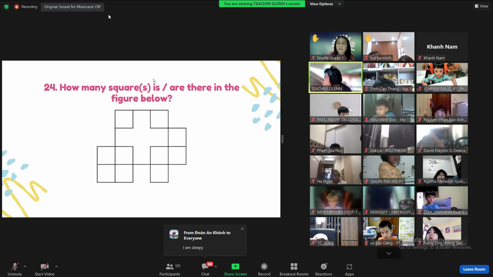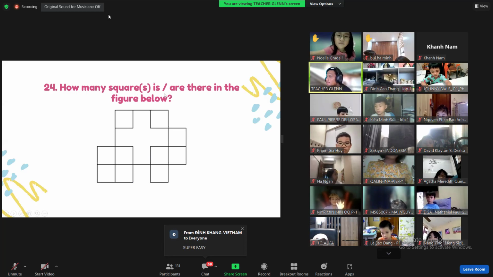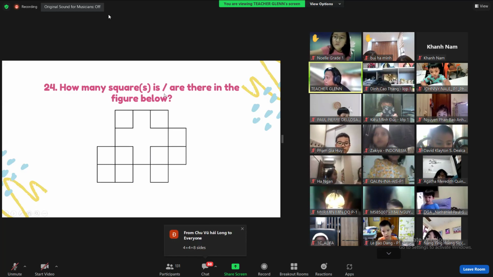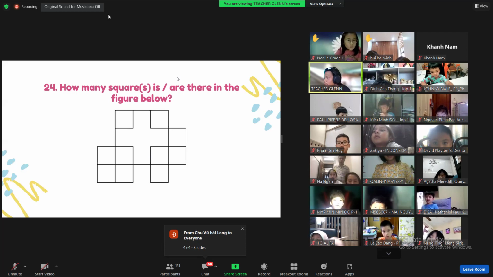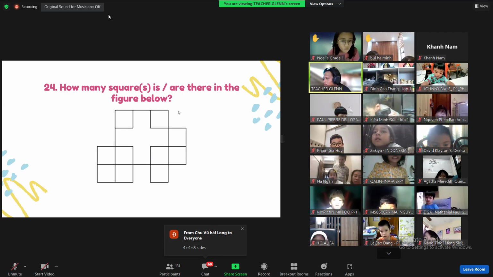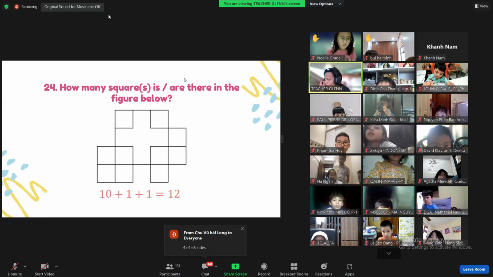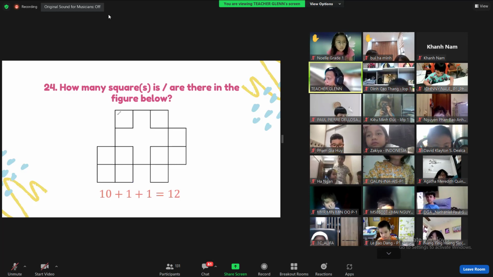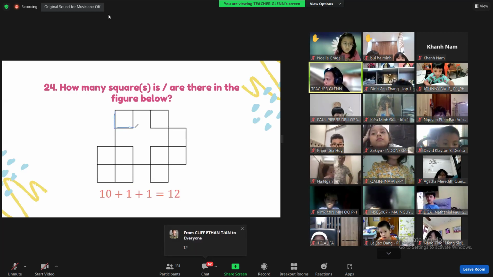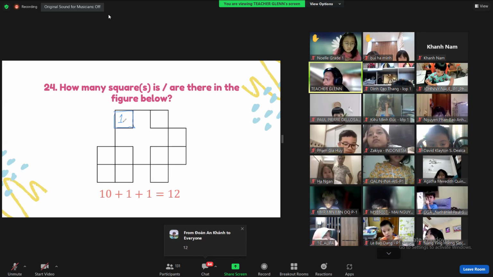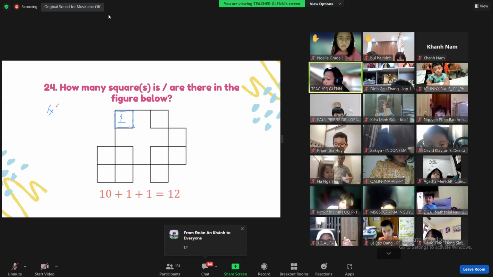So, number 24. How many squares are there in the figure below? Okay, we're going to count. First, we're going to count the 1 by 1 squares. So, a square like this. So, this is 1. So, 1 by 1 square.